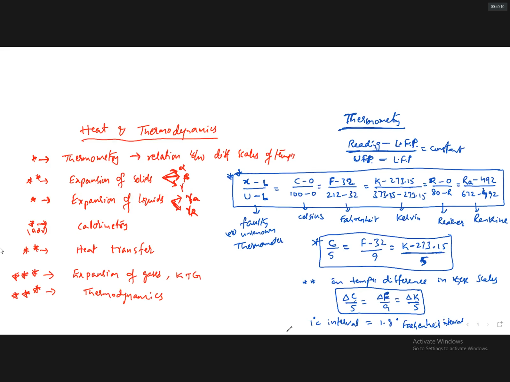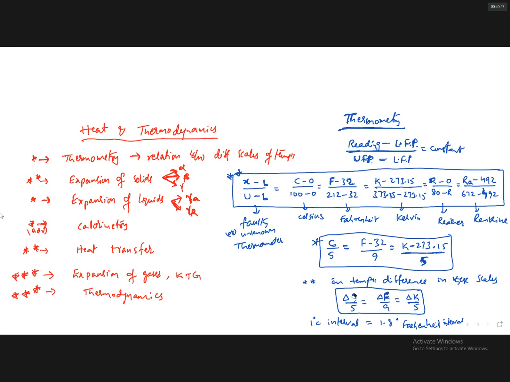Means we need to multiply to calculate the temperature difference in Fahrenheit scale. If the temperature difference in Celsius scale is given, we need to multiply with 1.8. But to convert 1 degree Celsius reading into Fahrenheit, that is different.